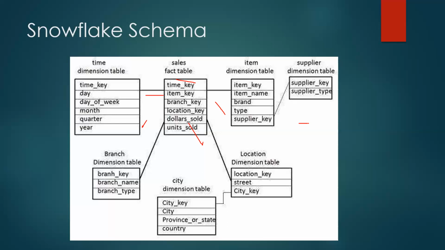Unlike star schema, the item description table in star schema is normalized and split into two dimension tables. For example, employee can be broken down into employee and department tables. That's called snowflake. Because of normalization, redundancy is reduced in the snowflake schema.